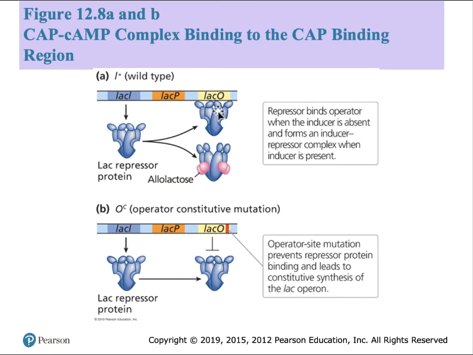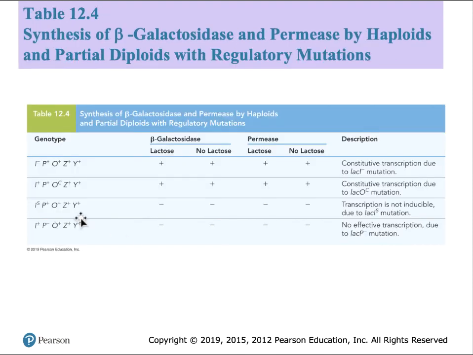In this example, there's a normal wild-type operator, and here we have an operator that carries a mutation in its sequence, and that can no longer bind the repressor, regardless of which state the repressor is in. See if you're able to now decipher the genotype and relate it to the phenotype, and then the types of mutations that can exist.